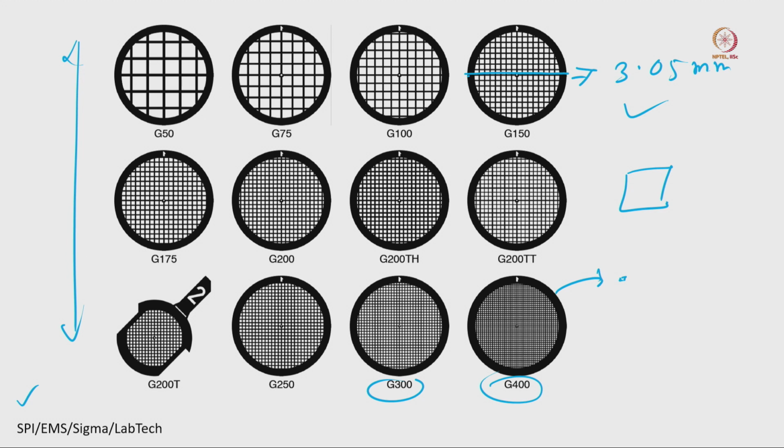That will vary depending on what kind of grid you want, whether you want only a 50 mesh grid or a 400 mesh grid. Generally, for biological science sample purposes we use 200 mesh, 300 mesh, 400 mesh grids.